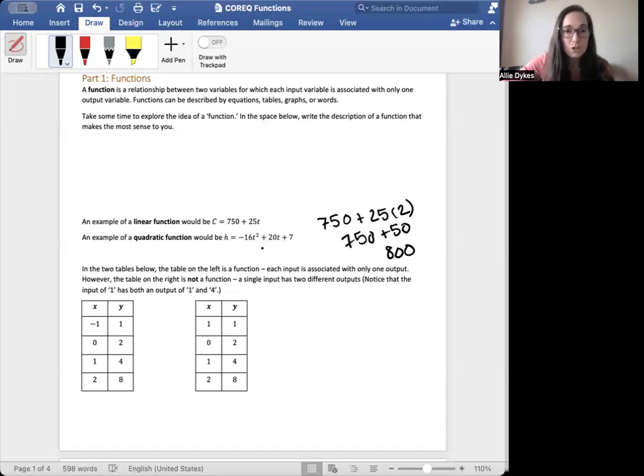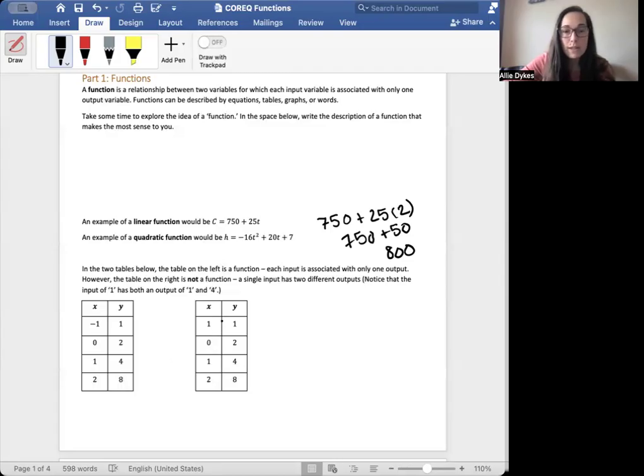Those are functions. In these two different tables, one of these is a function and one of them is not a function. So this one on the left, each input x has one output assigned to it. -1 has a single output, 0 has a single output of 2, 1 has a single output of 4, 2 has a single output of 8.